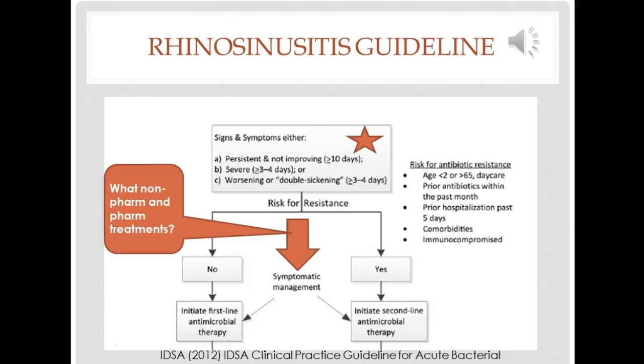What I will emphasize that the book does not is that if they're going to do homemade solutions and not just use a commercially prepared solution for the rinses, they must have sterile water. They must boil the water. I believe it's 10 minutes of boiling before you can render tap water sterile.